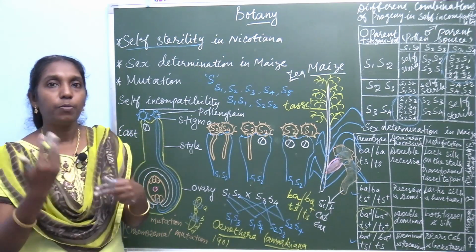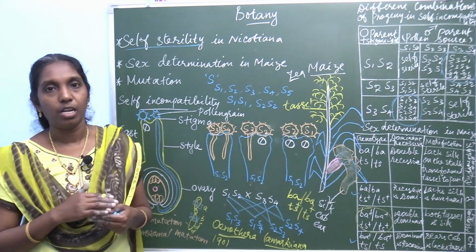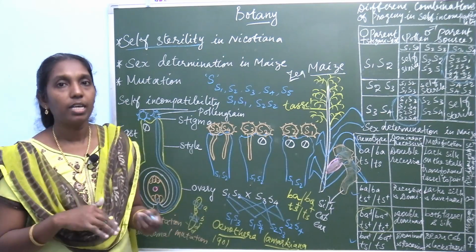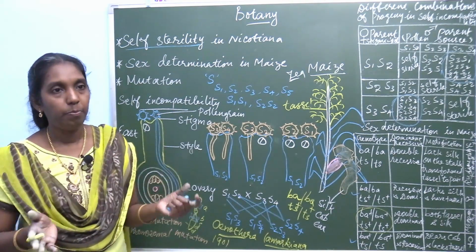Substitution, instead of purine for pyrimidine, or pyrimidine for purine, is substitution mutation. So, different types of mutations are there. In the next class, let us see the types of mutation in brief.